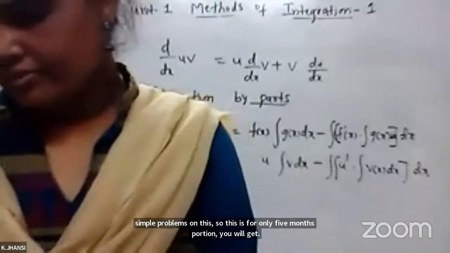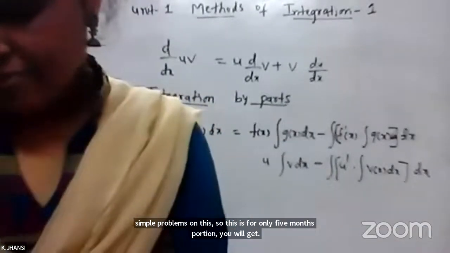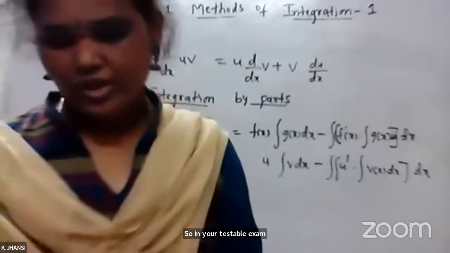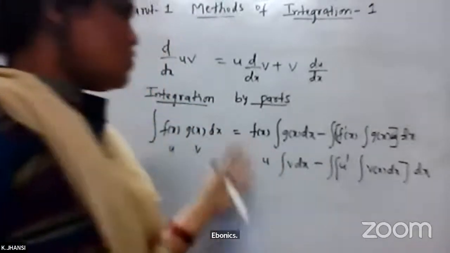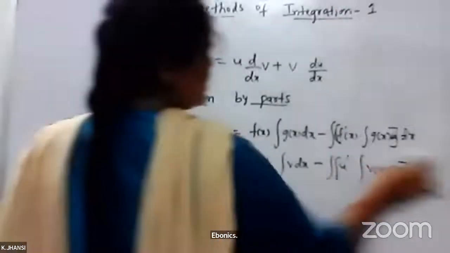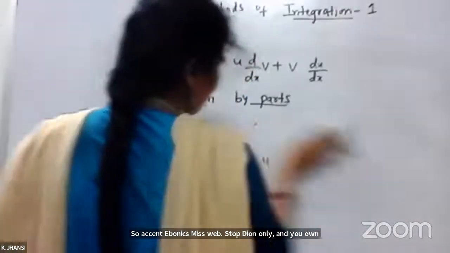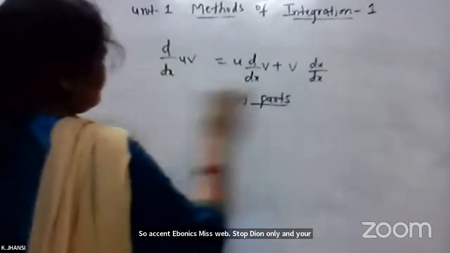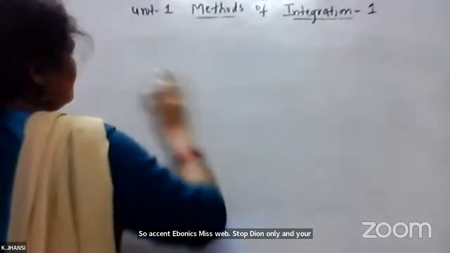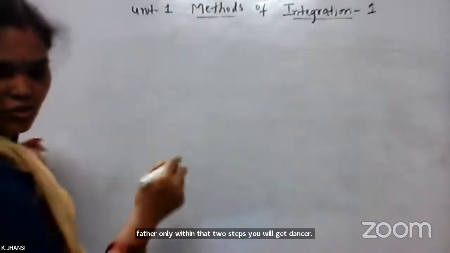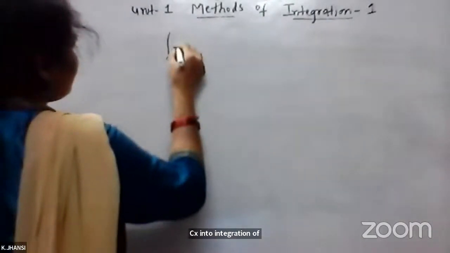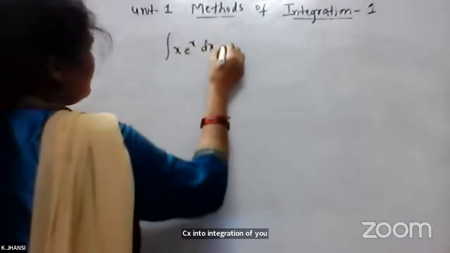So in your textbook, you have an example problem for x into e power x. So x and e power x means they will stop there only, and within 2 steps you will get the answer. See, x into integration of e power x into dx.